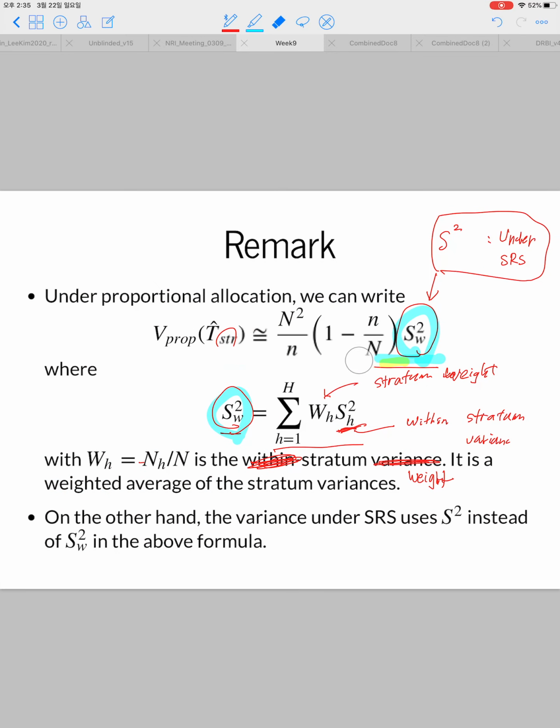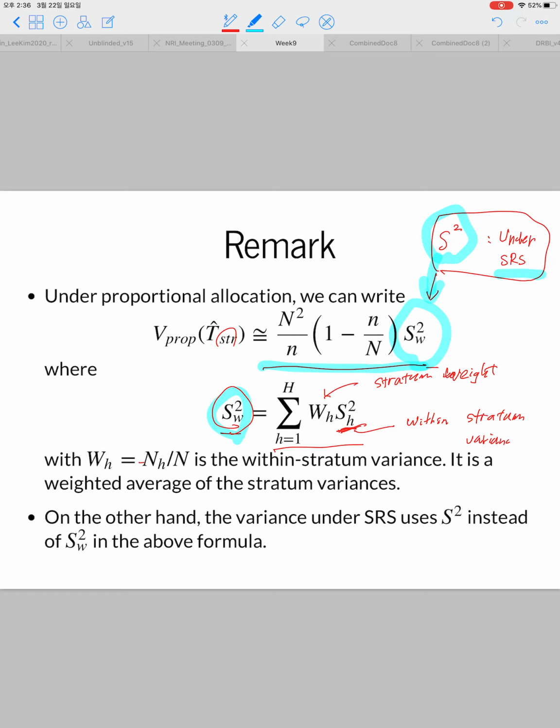Here's something in the remark. In the remark, the variance form contains Sw square. If we use S square, then the variance form is actually simple random sampling.